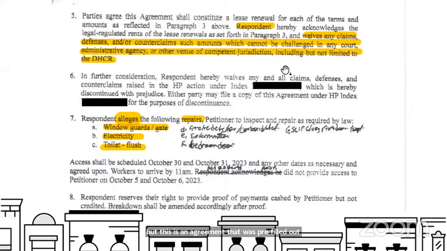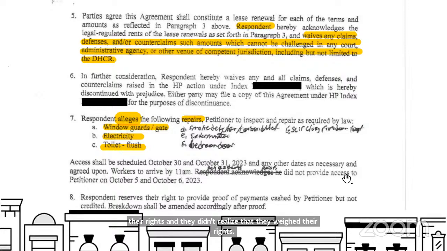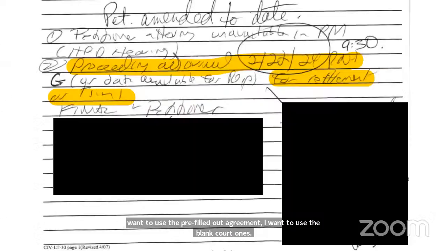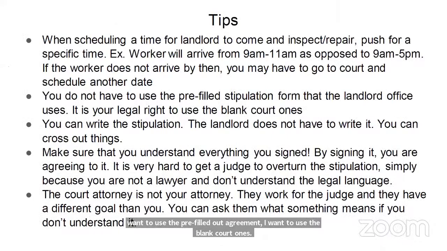Unless you know how to read the legal language, you could be waiving things that you don't understand. A lot of times, this is someone who didn't have a lawyer and they waived their rights and didn't realize that they waived their rights. So again, you have the right to say, no, I don't want to use the pre-filled out agreement. I want to use the blank court ones, and make sure you understand every single line that you're signing.